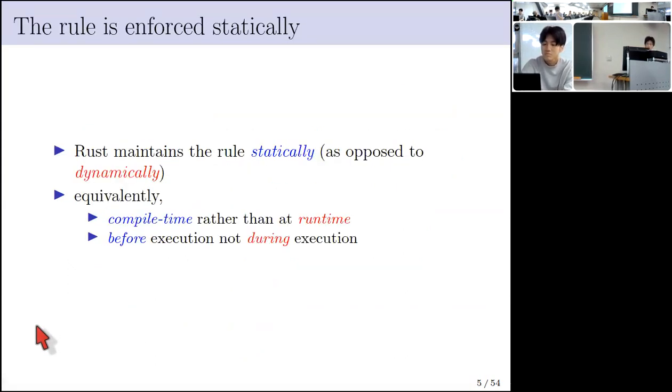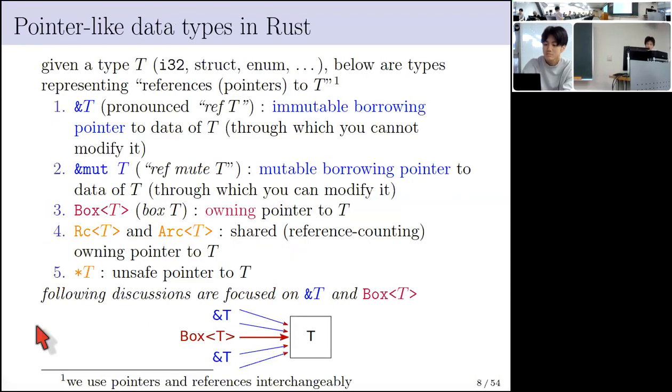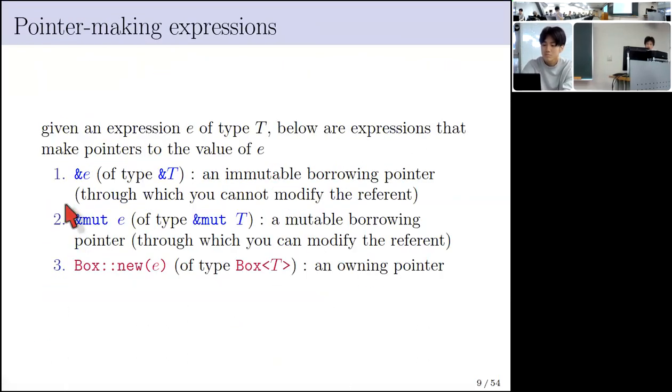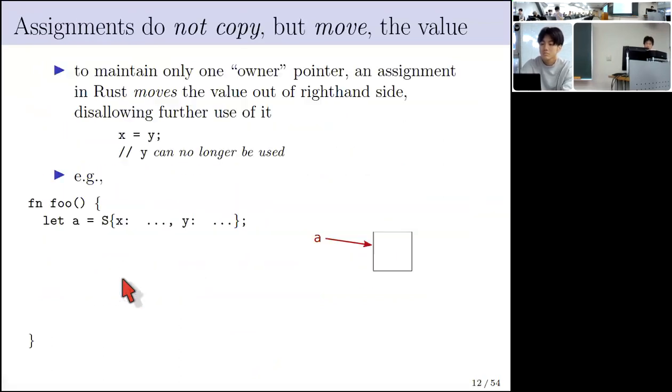And last week, the main topic was the owning pointer. To maintain that there's only one owning pointer, Rust has somewhat surprising semantics for assignment.